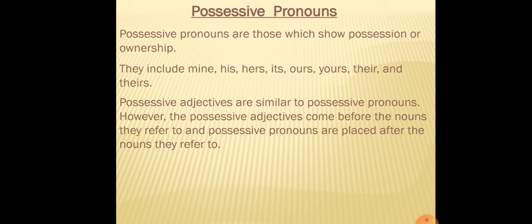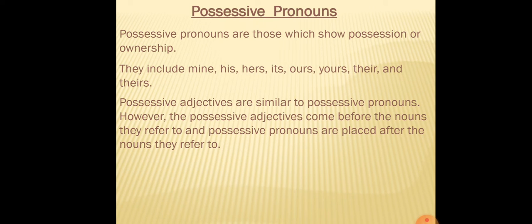Now, this is something which you really need to remember: the difference between possessive adjectives and possessive pronouns. Possessive adjectives are similar to possessive pronouns. However, the possessive adjectives come before the nouns they refer to, and possessive pronouns are placed after the nouns they refer to. Simple.